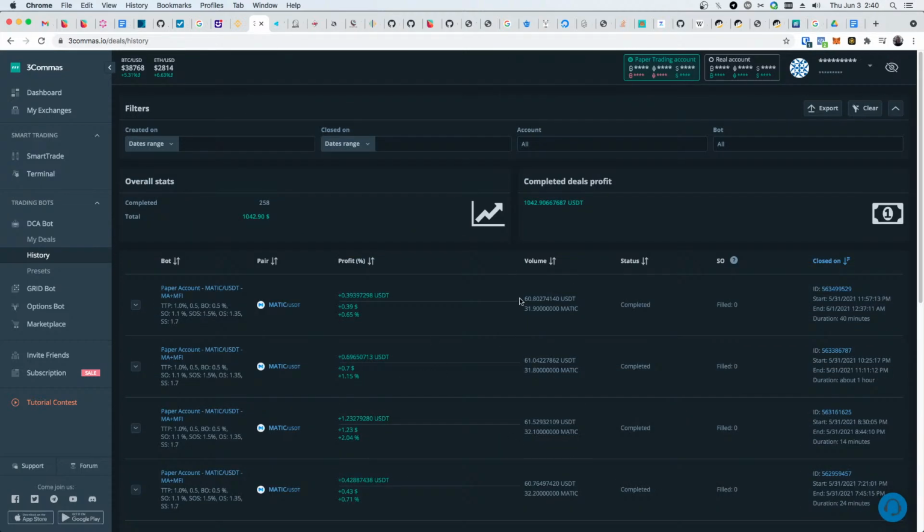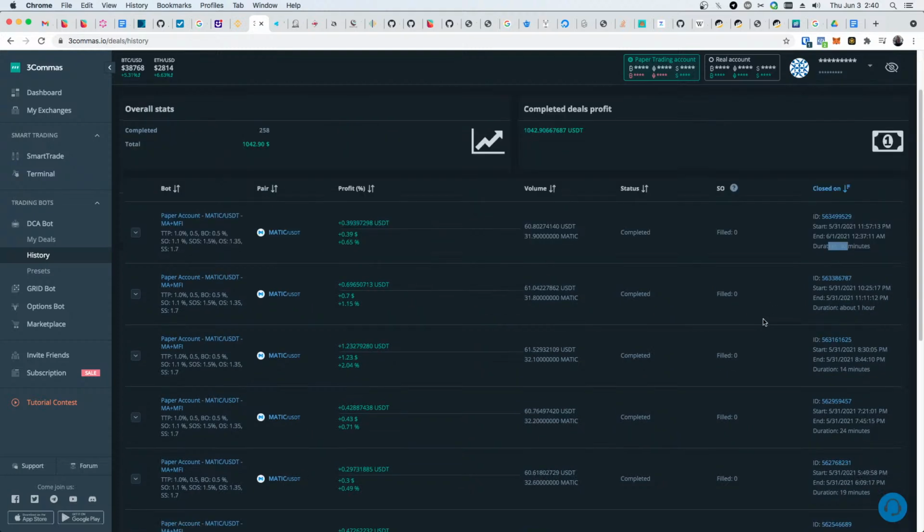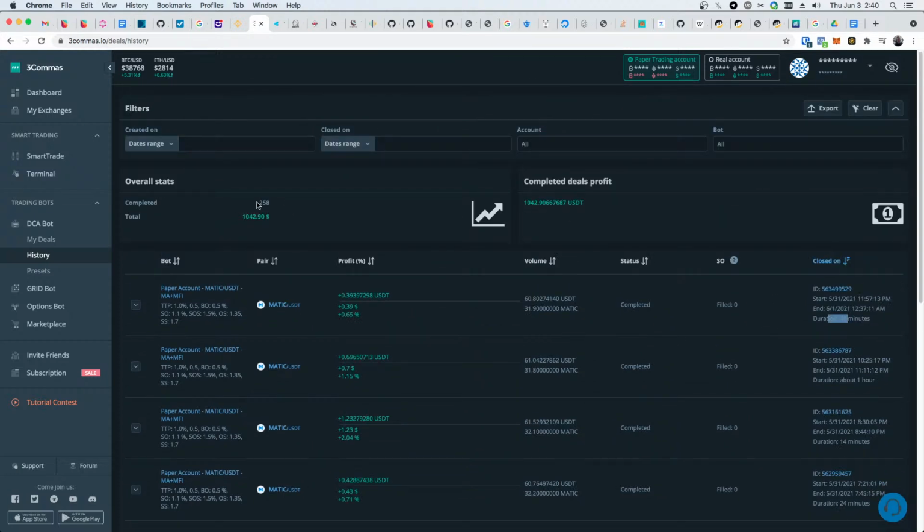And I did a lot of little trades, folks. This one took 40 minutes to make 39 cents, but I only had 60 USDT at risk for that 40 minutes. And again, 258 trades, every single one of them is green.